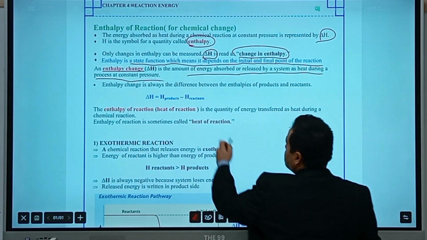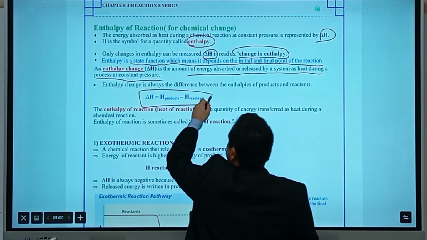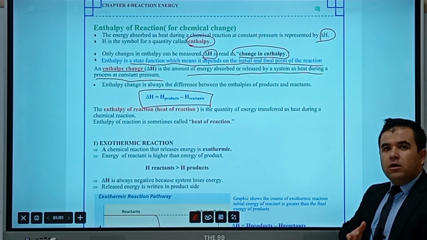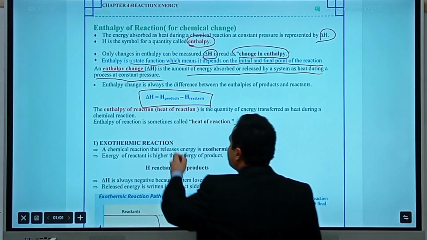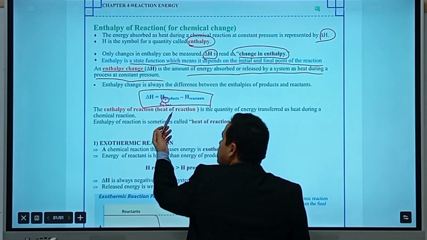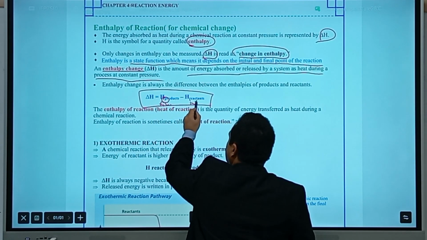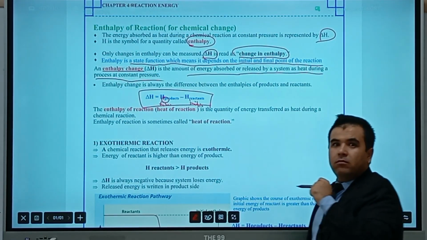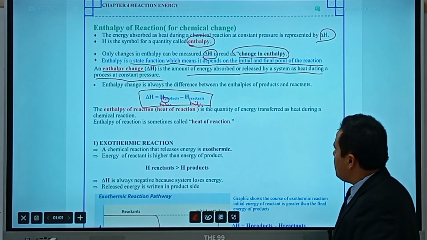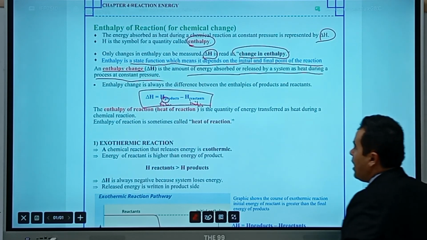Enthalpy change can be represented by the enthalpy of the product, which is the final, minus the enthalpy of the reactant. So the product is the final, and the reactant is the initial. Delta H is equal to enthalpy of product minus enthalpy of the reactant.